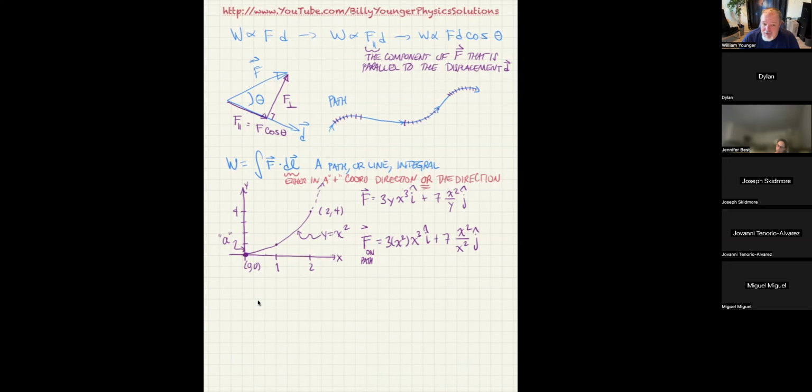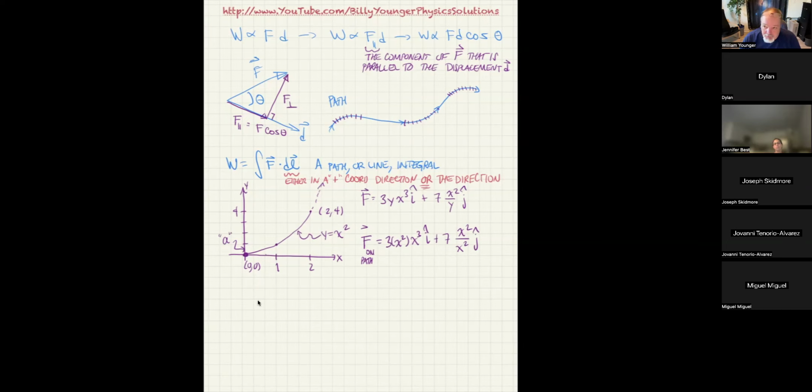So for instance, if I wanted the direction of my integral to be specified by the range of integration, I would say integrate from x equals 0 to x equals 2. And then I'd make dL point in the positive i hat direction because that's a positive coordinate direction.